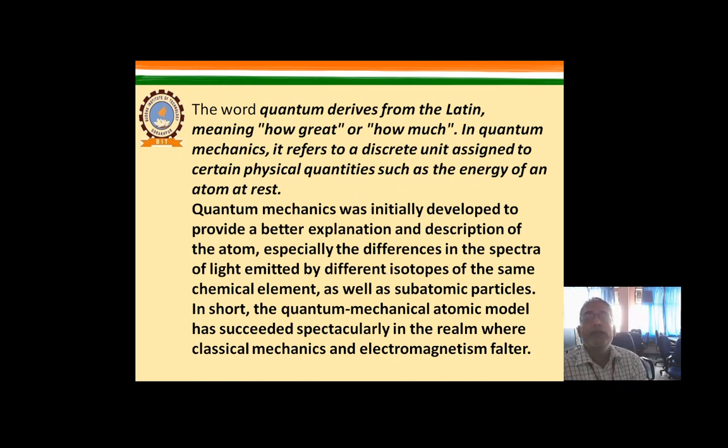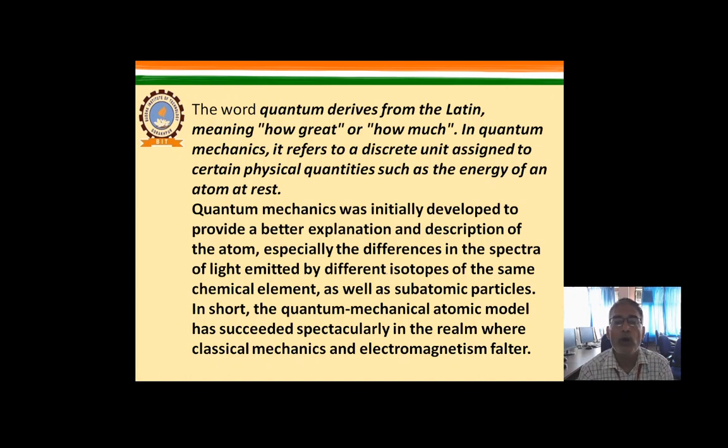The word quantum is derived from the Latin meaning how great or how much. In quantum mechanics, it refers to a discrete unit assigned to certain physical quantities, such as the energy of an atom at rest.